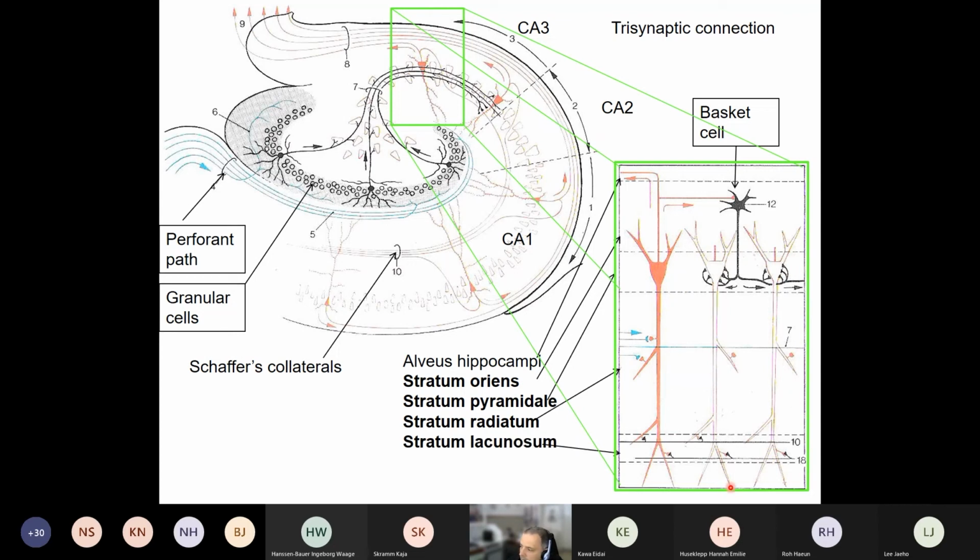You have the stratum lacunosum layer. And also we have on the surface a molecular layer. So these are the layers of the hippocampal cortex, and you can see that we cannot distinguish six layers. So that's why it's a holocortical area. This is what I mentioned in my introduction.